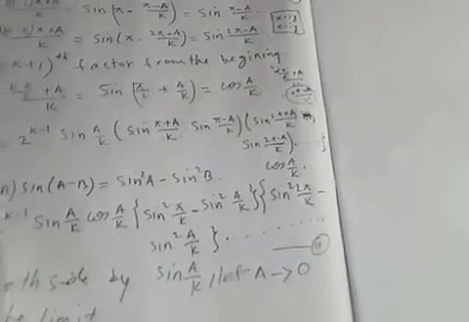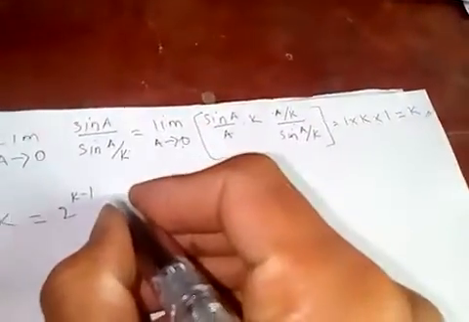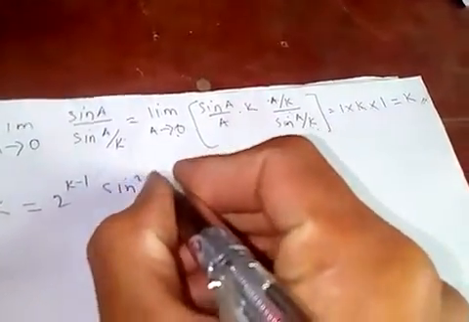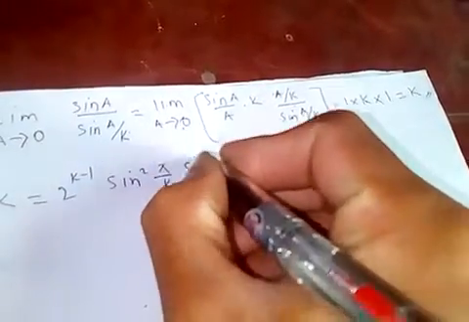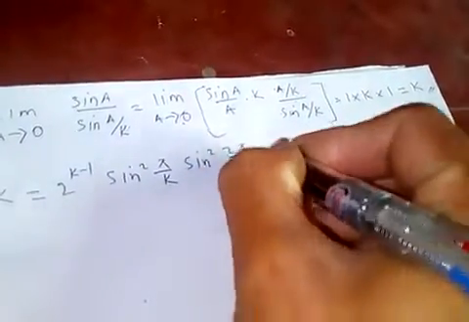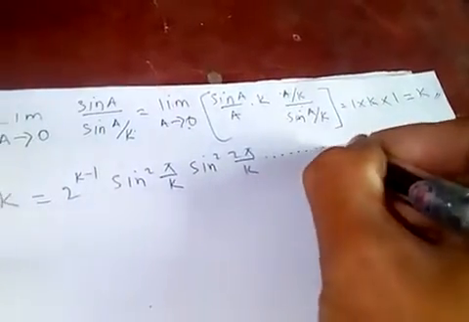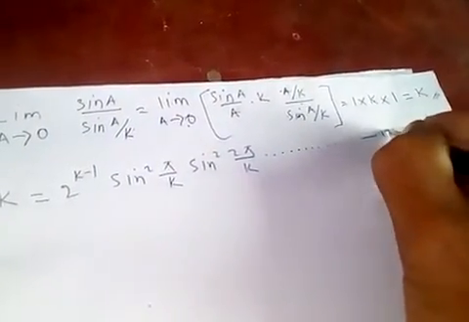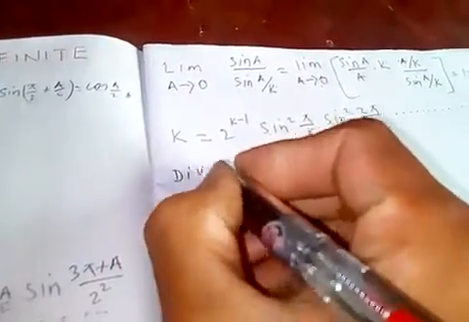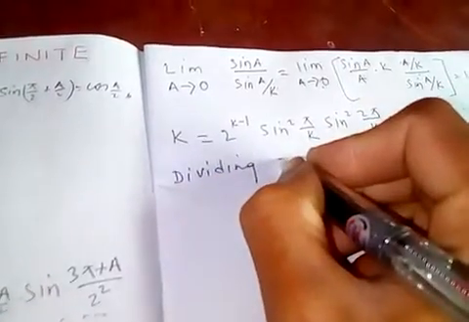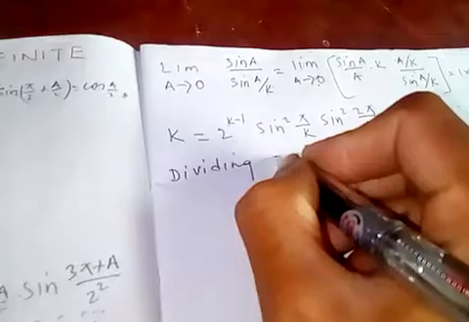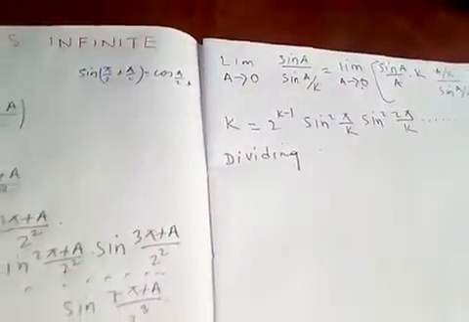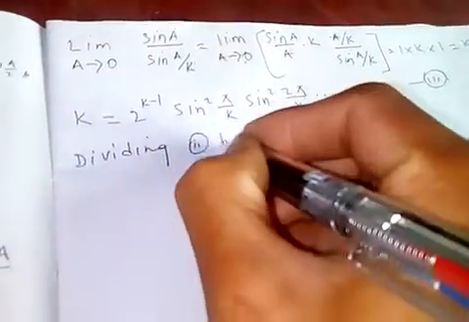So what we gain is this term and the other terms also: 2 to the k minus 1, sine squared pi over k, sine squared 2 pi over k, and so on. Let's name this equation 3. Now dividing equation 2 by 3.